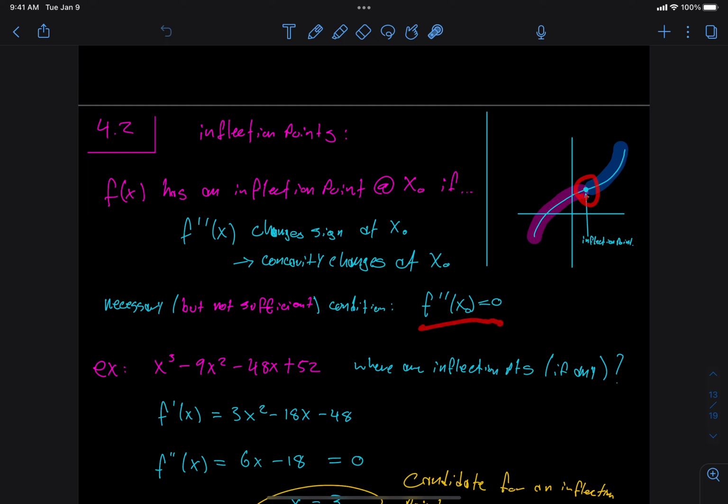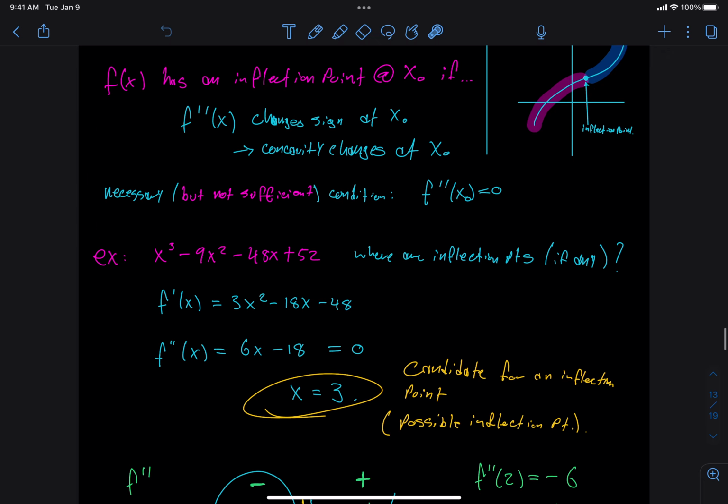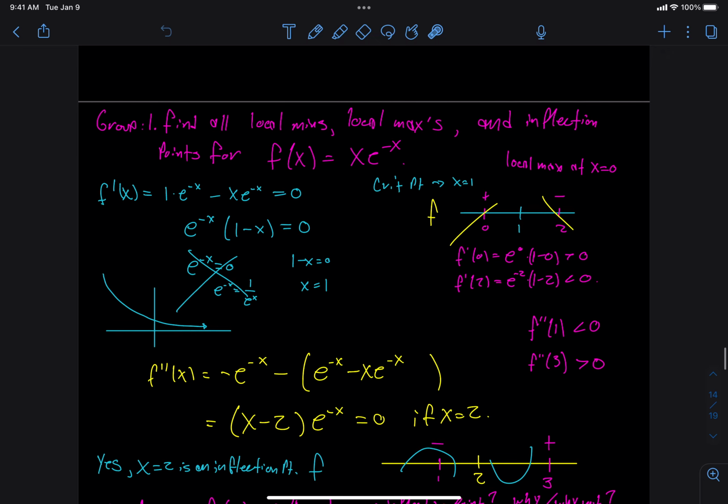But as we saw in our most recent quiz, just because the second derivative is 0 doesn't necessarily mean that we have an inflection point, okay? We could have an x to the 4 situation where it goes from positive concavity to 0 briefly and then to positive concavity again. That can happen, in which case we wouldn't have an inflection point. So it's where the concavity changes.